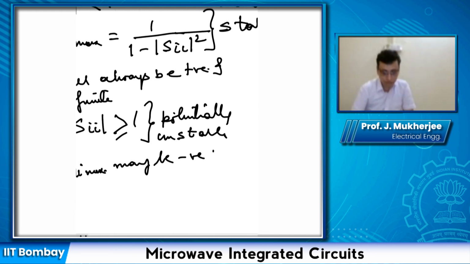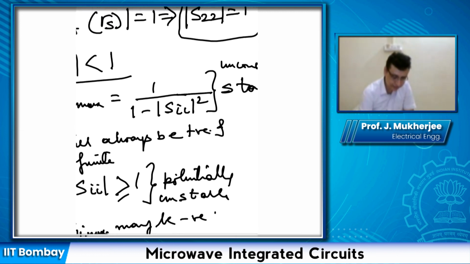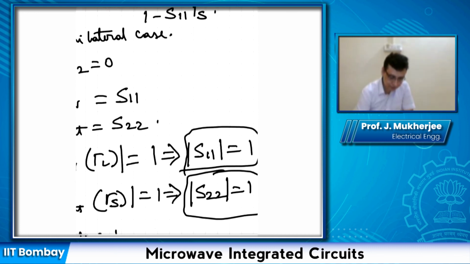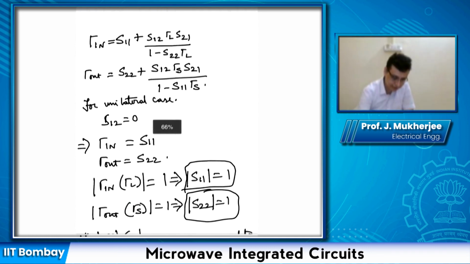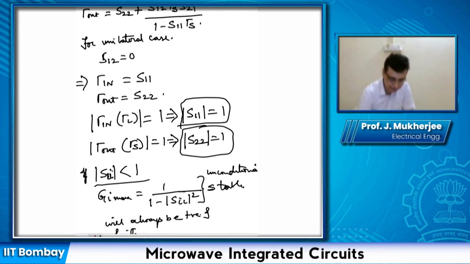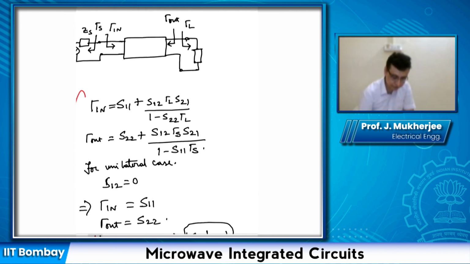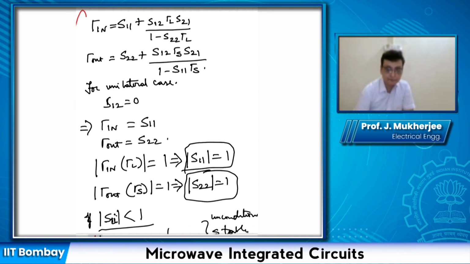Okay, so for the unconditionally stable case, that is for magnitude of SII lesser than 1, we had this mathematical treatment. This entire mathematics that we did, and the equation for the stability circles that we derived, was for the unconditionally stable case.